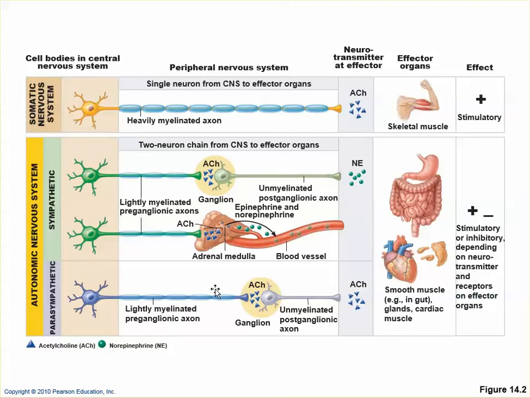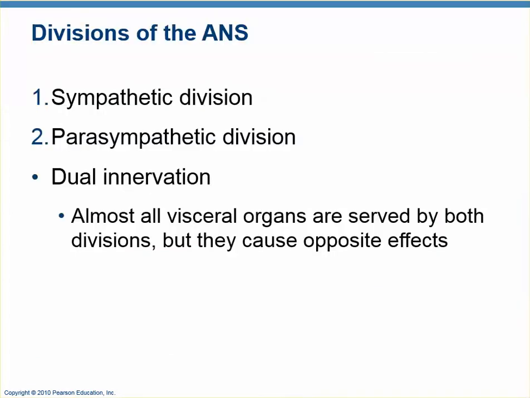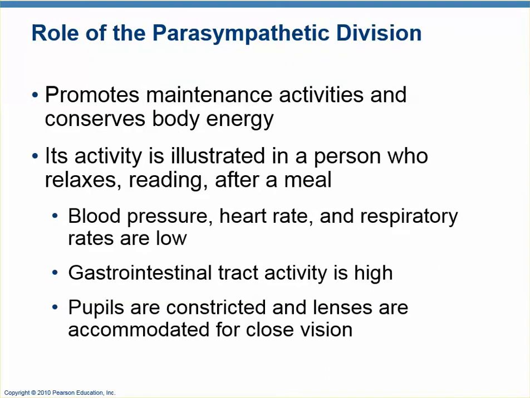It depends on the receptor and the effector organ that has the receptors on it. So almost all of your organs have sympathetic stimulation and parasympathetic stimulation. And how that organ is functioning really depends on the balance between the two. Sometimes sympathetic predominates, sometimes parasympathetic predominates.